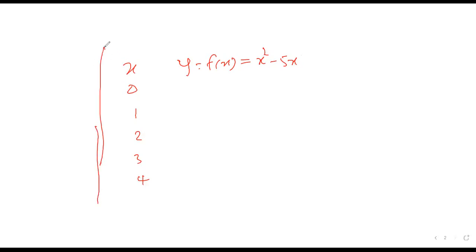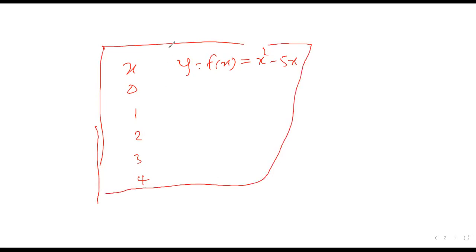So in that sense, let's say my points are x and y is equal to f of x. For example, let's say 0, 1, 2, 3, 4. Let's say my f of x is equal to x squared minus 5x. Can you find the points of y? What will be the values of y? Can you type and send me, just for an introduction?